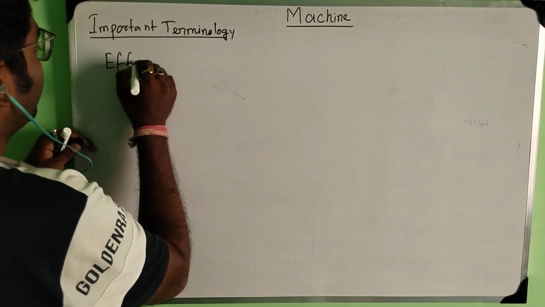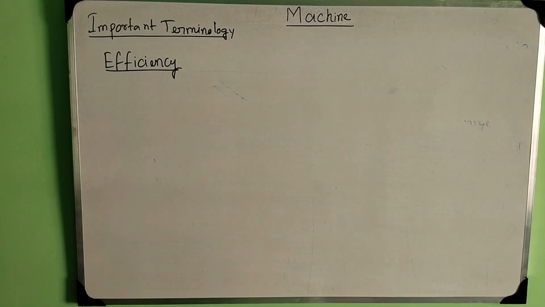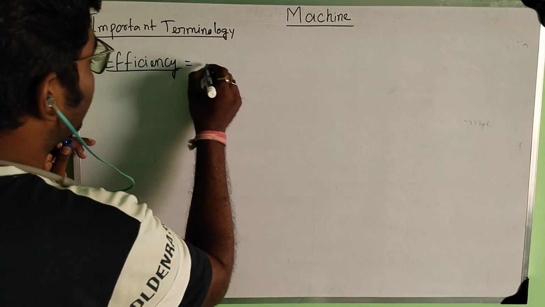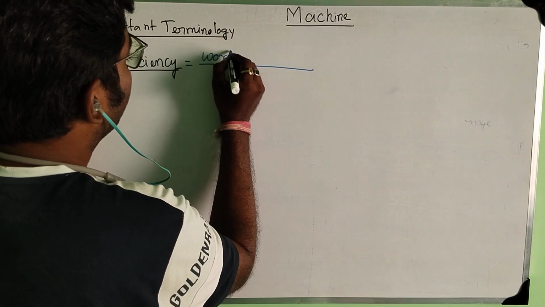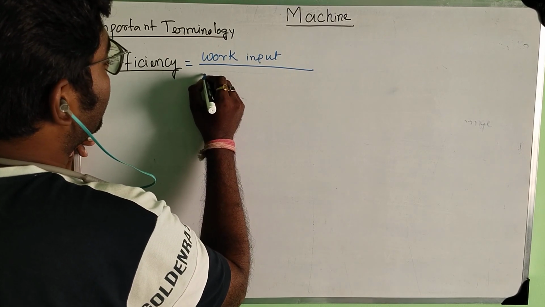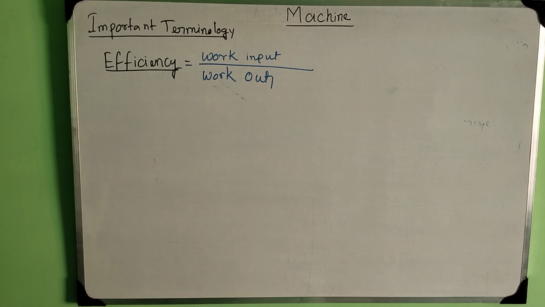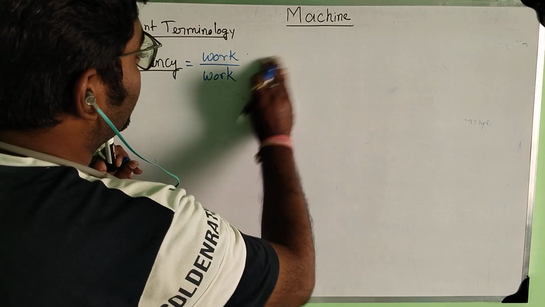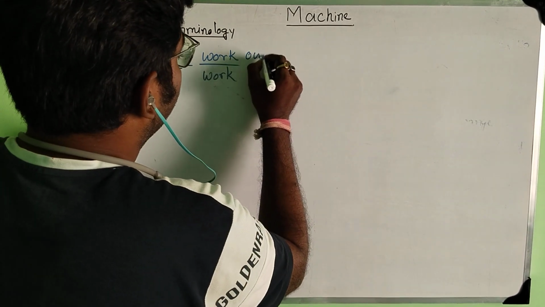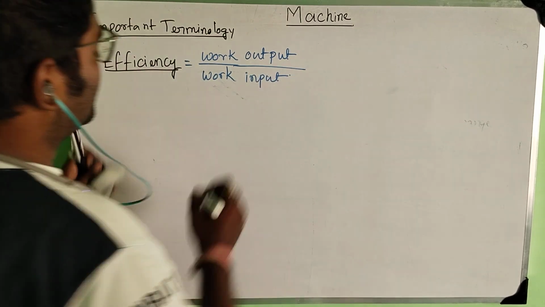Efficiency. What is efficiency? Efficiency is work output by work input.